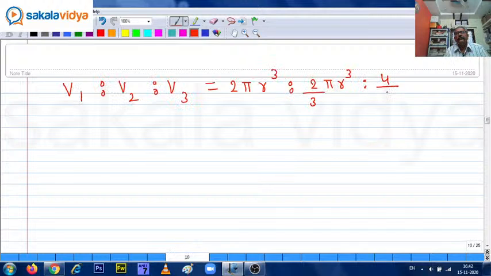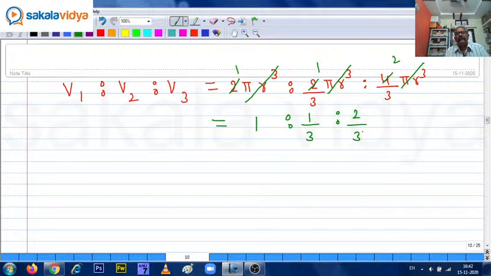Pi r cube is common in all, so it cancels. Now we get 2 : 2/3 : 4/3.